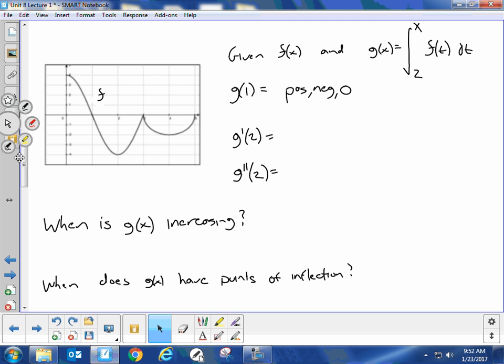That's the graph of f. I'm giving you that g is the integral from 2 to x. I ask you about g of 1, g prime of 2, g double prime of 2. I ask you, when is g increasing? And I ask you, when does g have points of inflection?